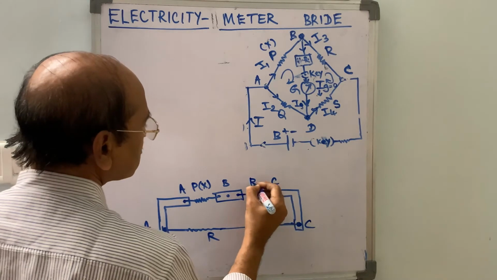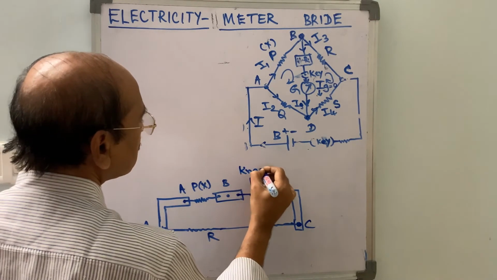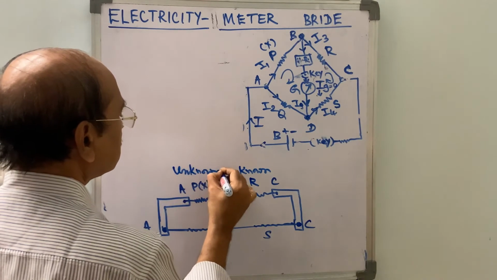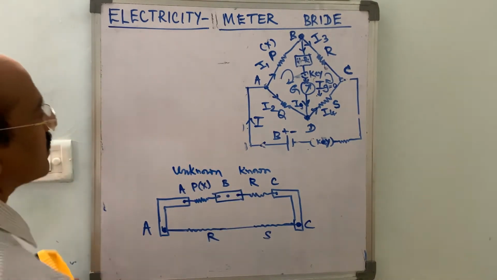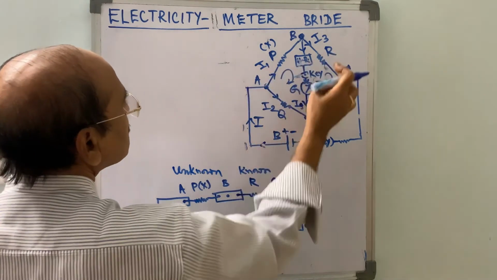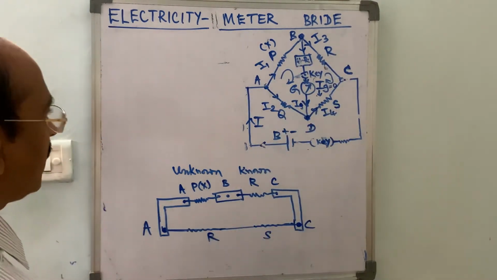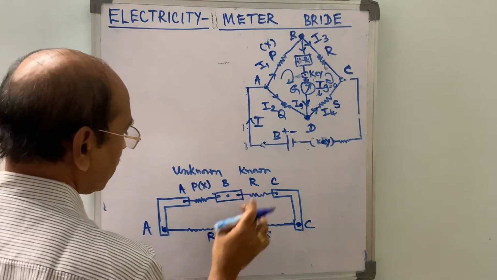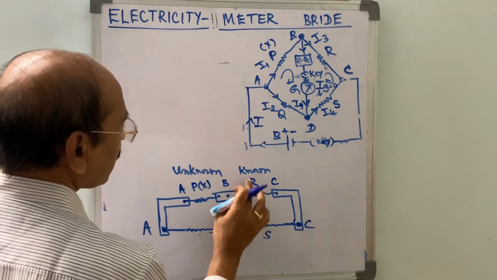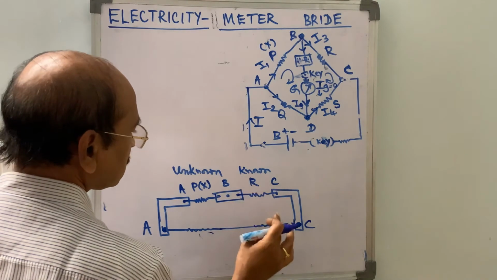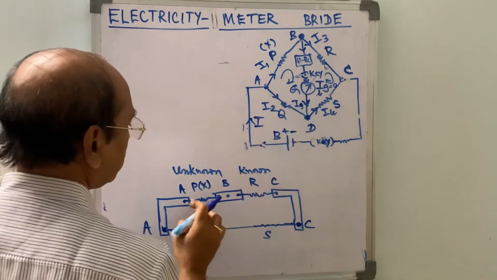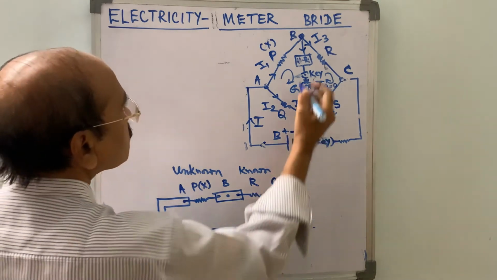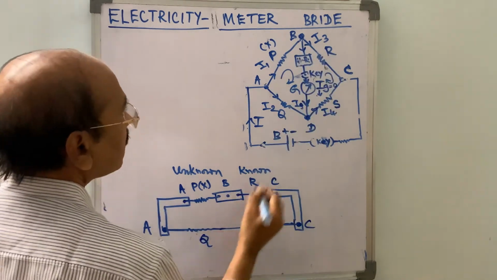So P by R is equal to Q by S, which we already derived. Let this be P, R, and this is Q.